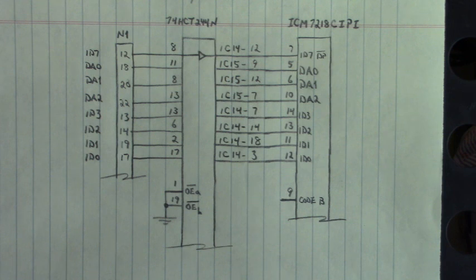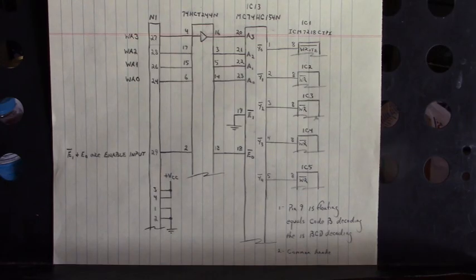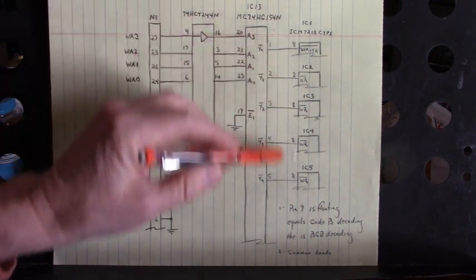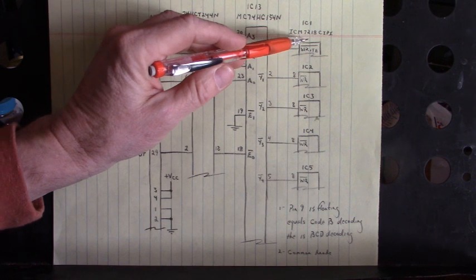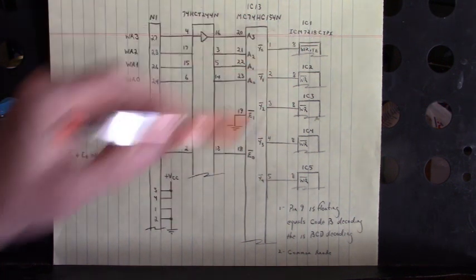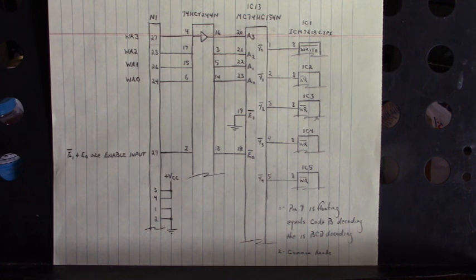Let's go to the next page. Here are the 5 ICM7218C IPI ICs that drive those 7-segment displays and LEDs.